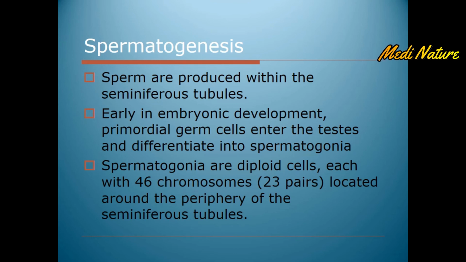Here I am going to give you the series of events which happen during spermatogenesis. Sperms are produced within the seminiferous tubules. Early in embryonic development, primordial germ cells enter the testes and differentiate into spermatogonia. Spermatogonia are diploid cells with 46 chromosomes located around the periphery of the seminiferous tubules.